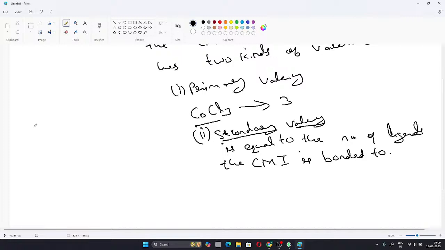Here, in case of Co(NH3)6, the central metal ion is bonded to 6 NH3, so its secondary valency is 6.